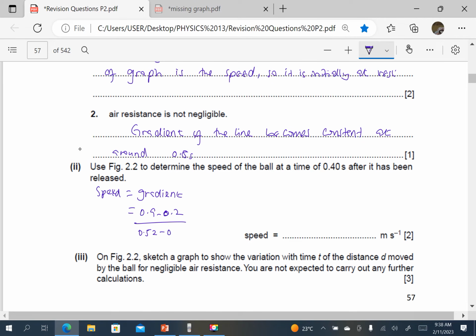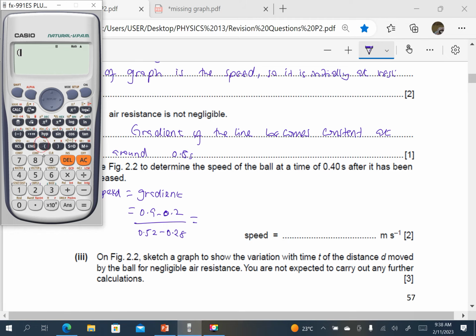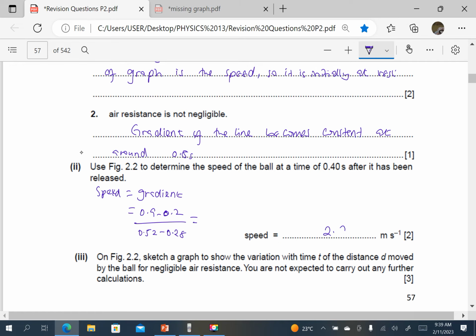Let me check: 0.9 minus 0.2 divided by 0.52 minus 0.28. So that gives me 2.916, which is 2.92 or 2.9. So that is 2.9 meters per second as the speed.